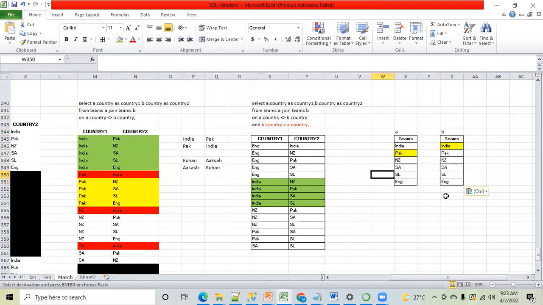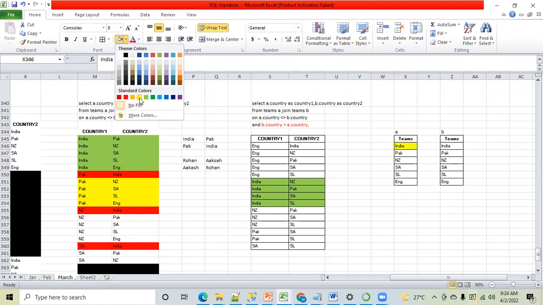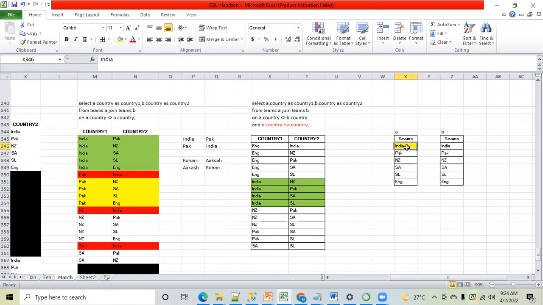These are the two tables we have. Let me remove this, and this is the query. First of all, your SQL engine will start with the first record of the first table. You all know this. It will match with the first record of the second table. It will match India with India. Will you get this record, yes or no?